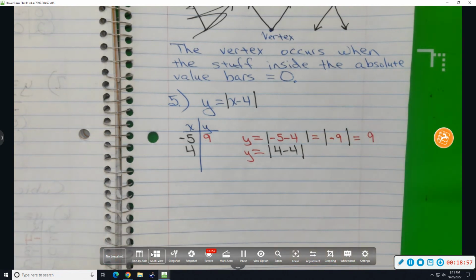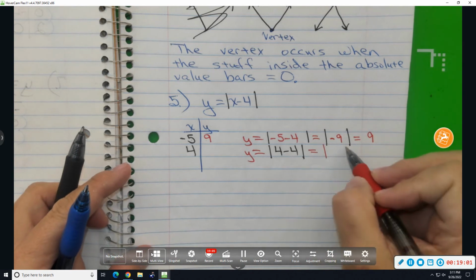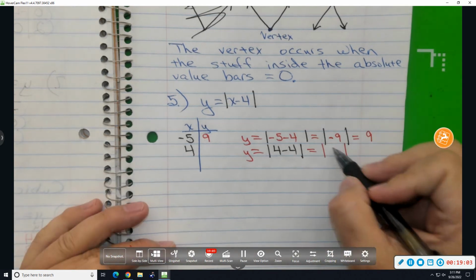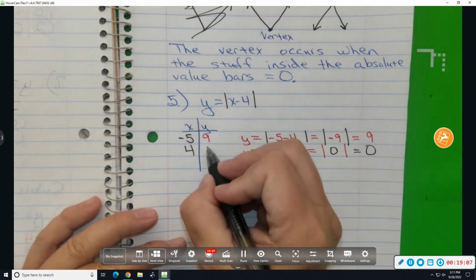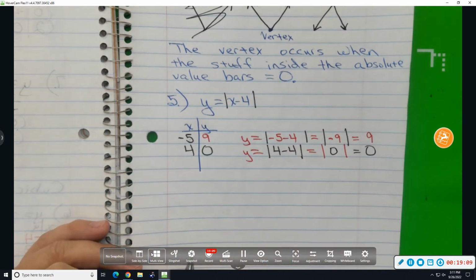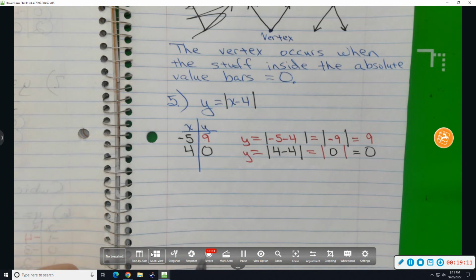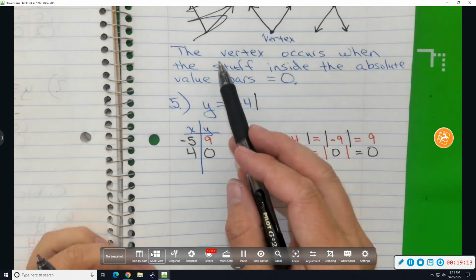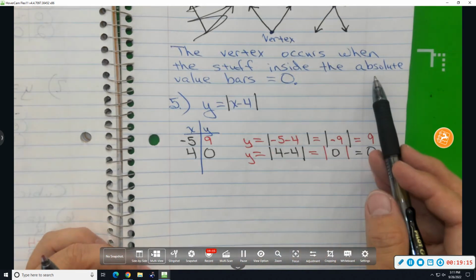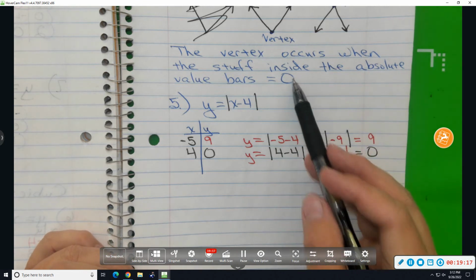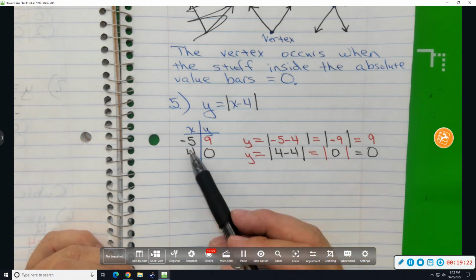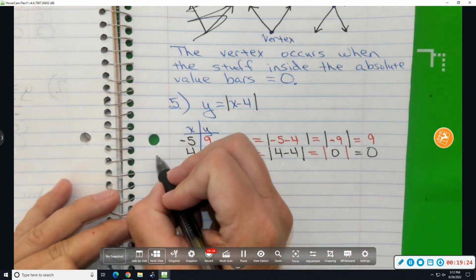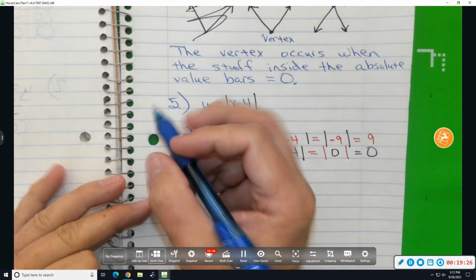And the absolute value of 0 is 0, so our second ordered pair is 4, 0. And that will be the vertex. Remember, the vertex occurs when the stuff inside the absolute value bars is equal to 0. What number would make that stuff there equal 0? 4. I'm going to even write out here beside it, vertex.